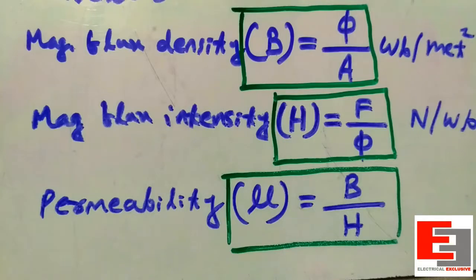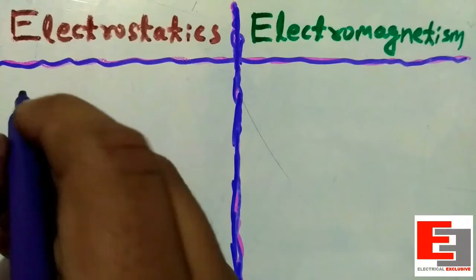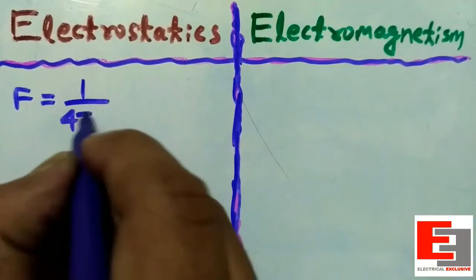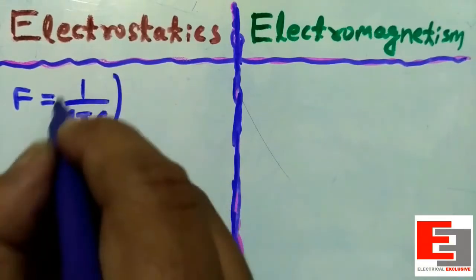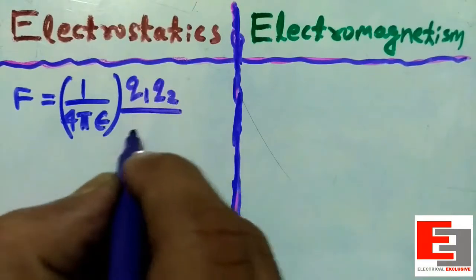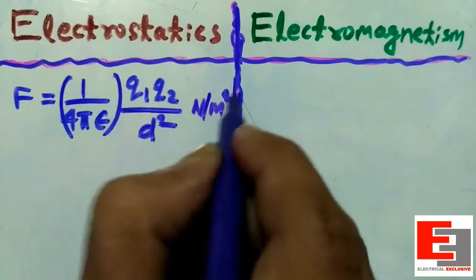This is all about electromagnetism, and now we shall relate electromagnetism to electrostatics. Let's do it. The force of attraction or the force of repulsion between two differently charged bodies in a specific medium is F is equal to 1 by 4 pi epsilon into Q1 Q2 by d square, and the unit is Newton per meter square.